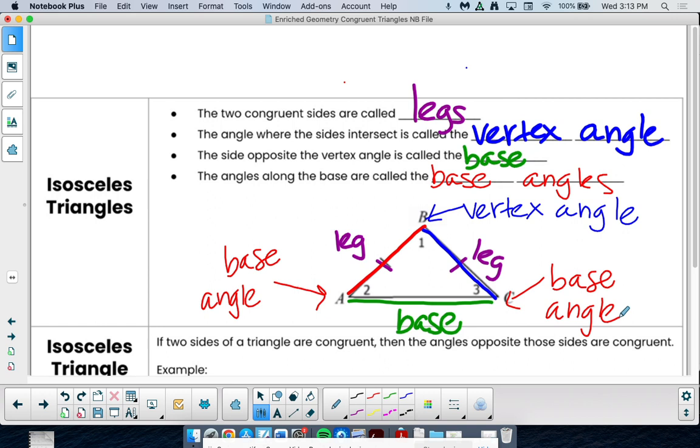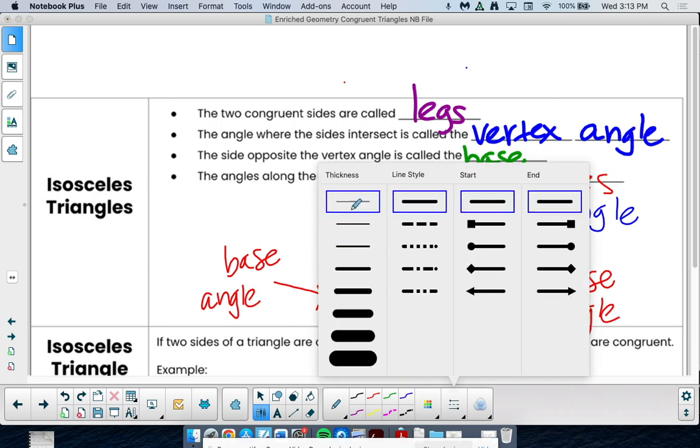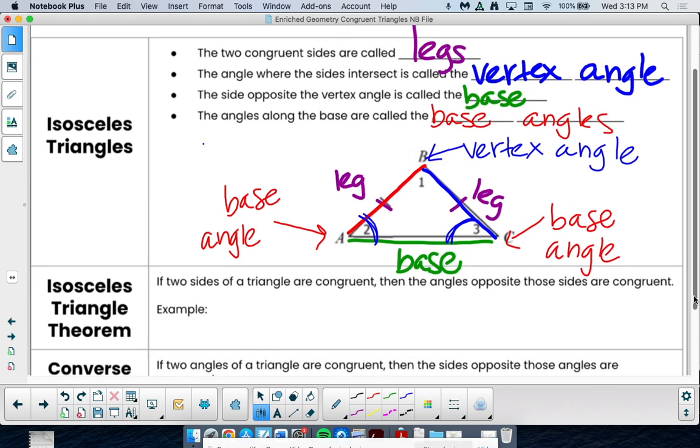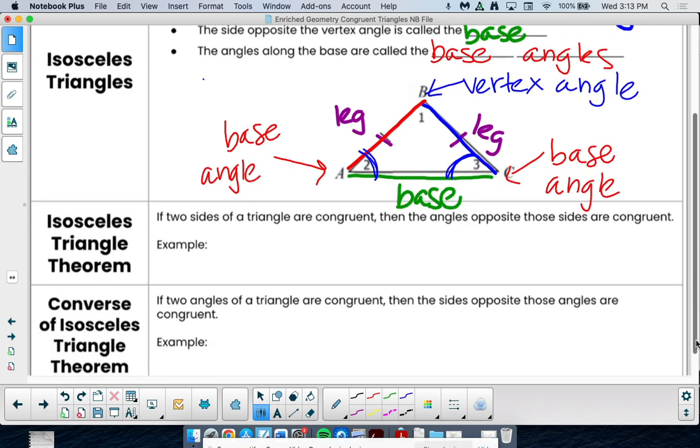Because your base angles are across from 2 congruent sides, they are also congruent. So I want you to mark that somehow on your picture, right? Mark these congruent angles. Like I know angle 2 is congruent to angle 3. They're the same because they're from congruent sides. So that's our little segue for these 2 theorems.